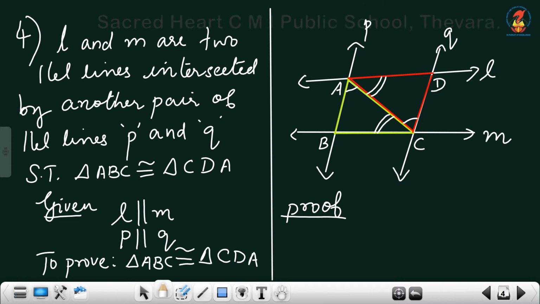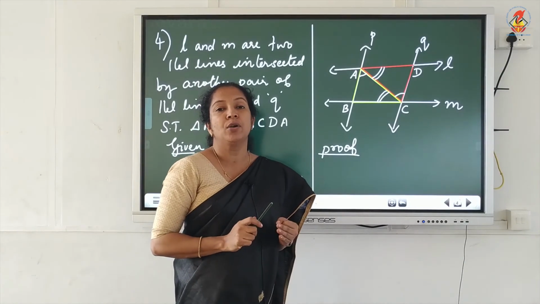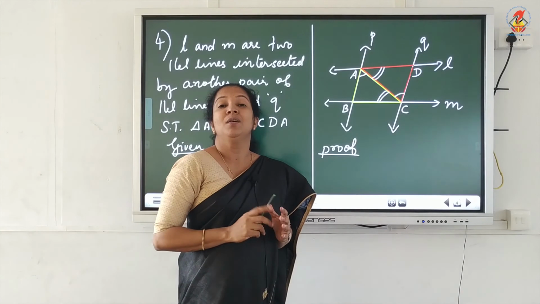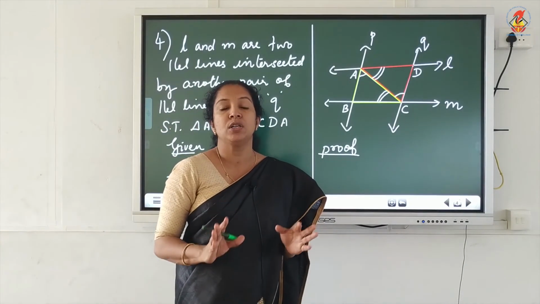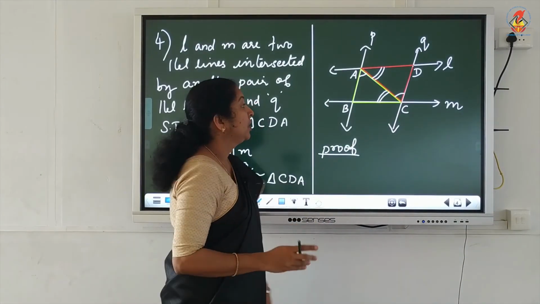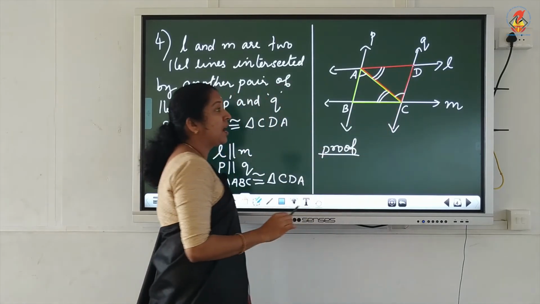Only condition given is parallel lines. So we can use either alternate interior angles are equal, corresponding angles are equal, or interior angles on the same side of the transversal supplementary. But in congruence, most of the problems we use alternate interior angles. Here also we can use. So what is given is these two lines are parallel, P and Q are parallel.